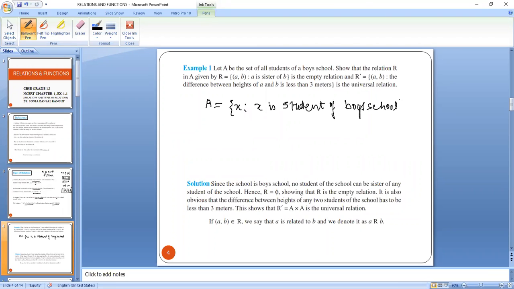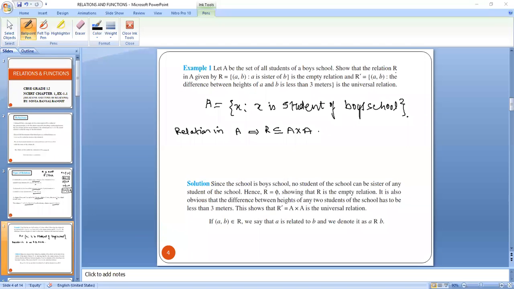This is set A. Show that the relation R in A is given by... Now relation R in A implies R is a subset or equal to A cross A. When we are saying relation in A, we are taking all subsets of A cross A. When we are taking relation from A to B, then we are taking A cross B, right?